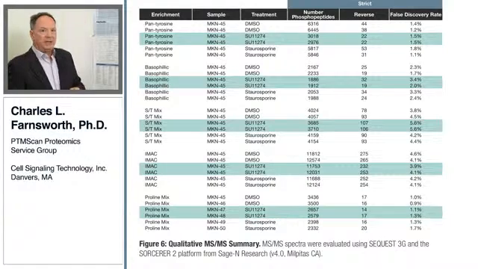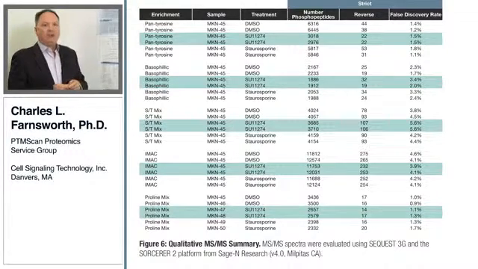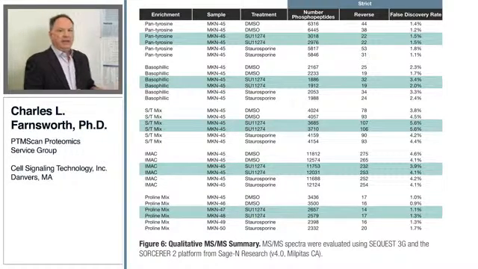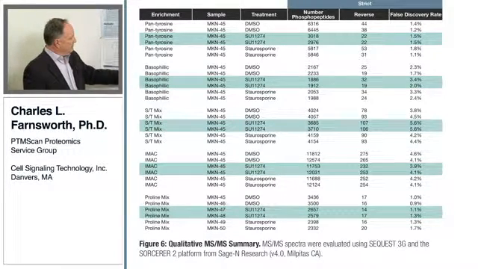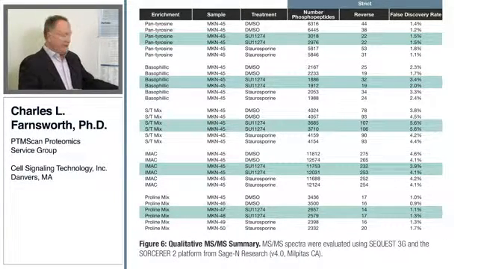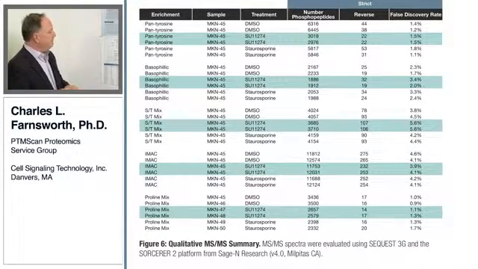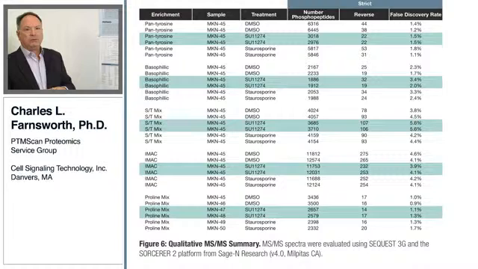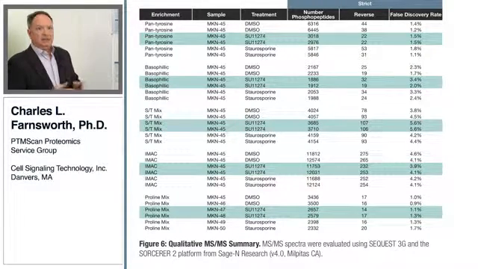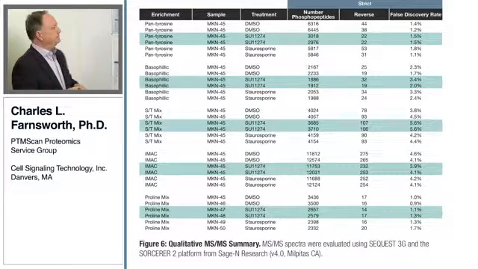In the next panel, we can see some of the qualitative mass spectrometry results in Figure 6. And here we can see the phosphotyrosine, the basophilic, the serine-threonine mix, the metal affinity IMAC method, along with the proline mix. Each sample was run as an analytical replicate, and we've identified many thousands of phosphopeptides at a low false discovery rate.